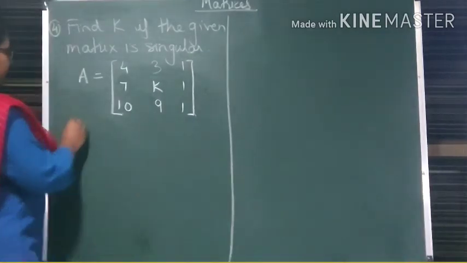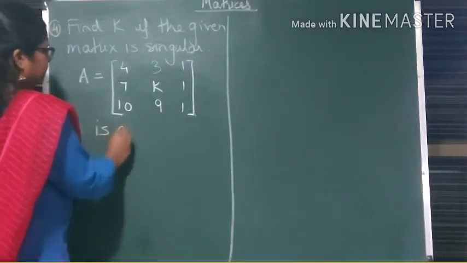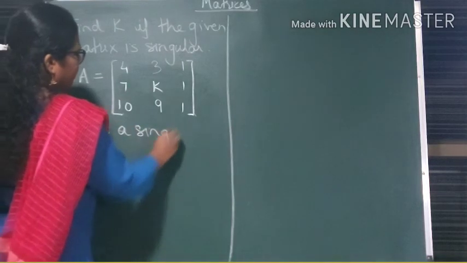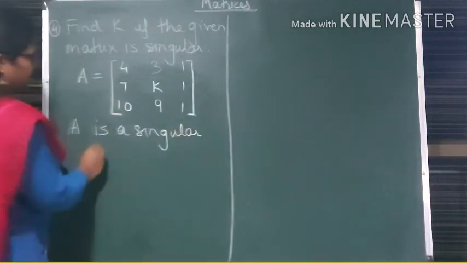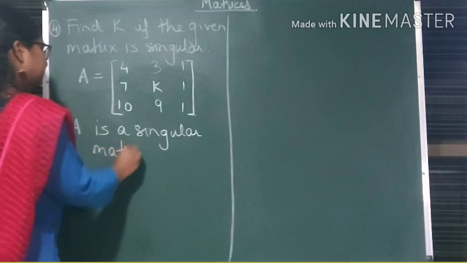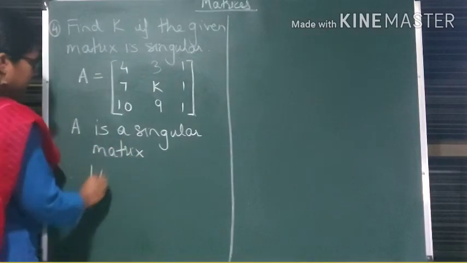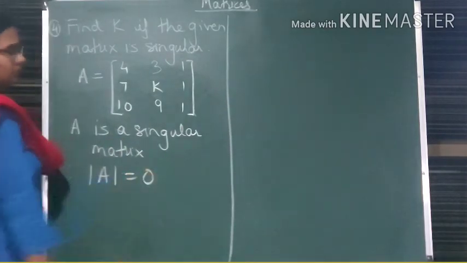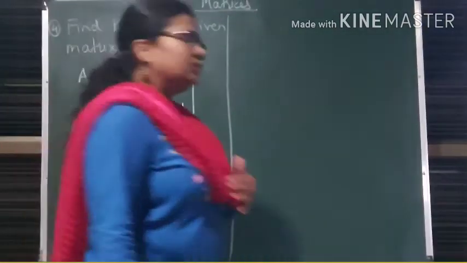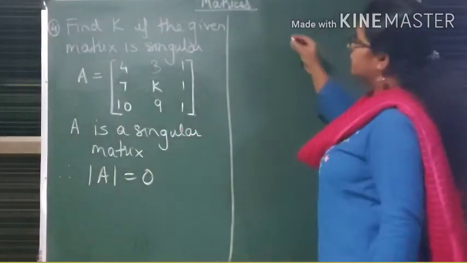So, A is a singular matrix. Therefore, determinant of A is equal to 0. Yes? Using this definition, we will find the value of K.